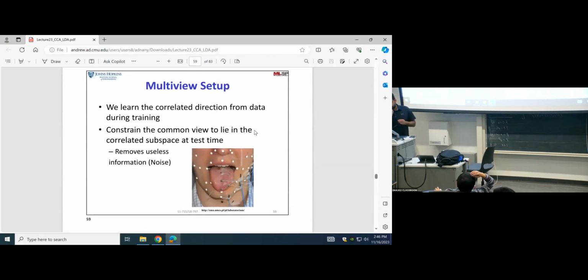That's a true point, yeah. CCA removes the useless info because it's finding correlation. So if there's noise added, then it will remove it.